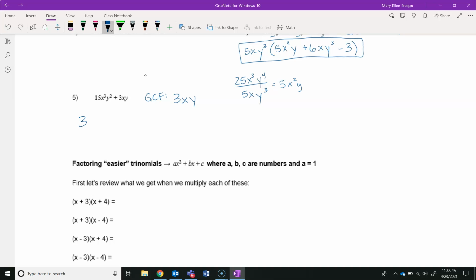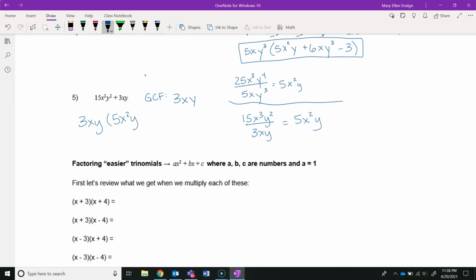So now I have 3xy out here. So I can write this out, or you can do it in your head. If I have 15x to the third y squared over 3xy, 15 divided by 3 is 5. Use the quotient rule here. 3 minus 1 is 2. Y, 2 over 1 is just y. So that's what I have here.